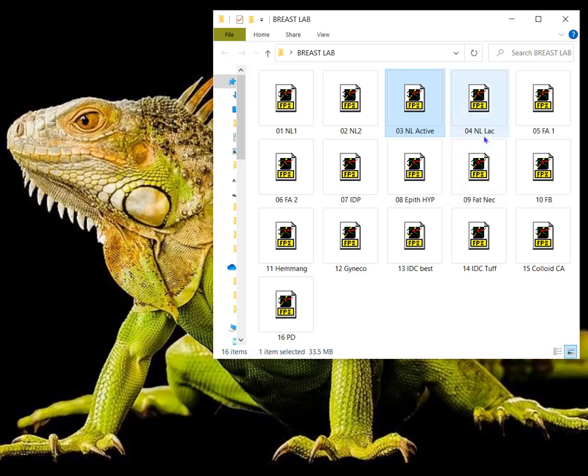This one does say NL. And you're going to really like this one because it says LAC after it. Hey, just out of curiosity, can you read the LAC that the arrow is pointing to?